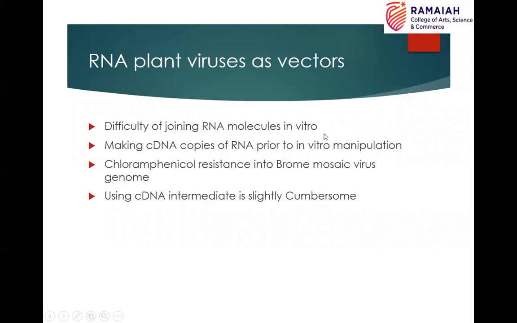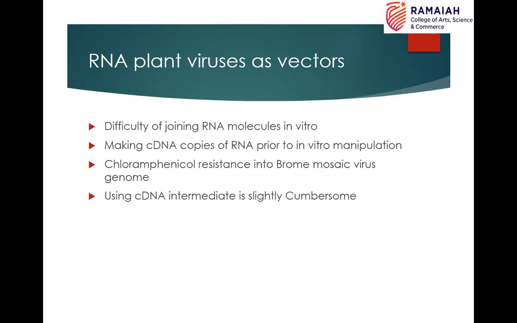We all know, and I mentioned in the beginning of this class also, the manipulation of genetic material, that means the manipulation of DNA in vitro, is easier compared to the manipulation of RNA in vitro. So there is a difficulty of joining RNA molecules in vitro. That's the reason generally these RNA containing viruses are avoided as cloning vectors.